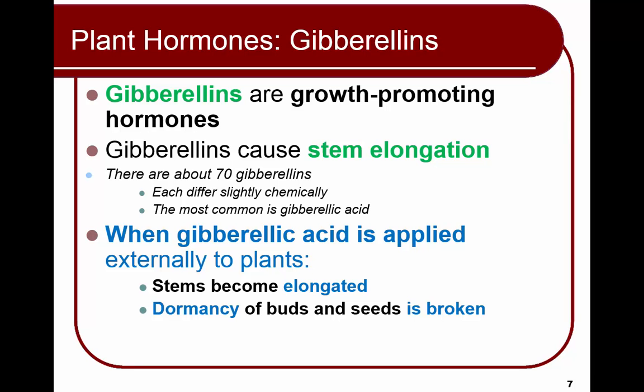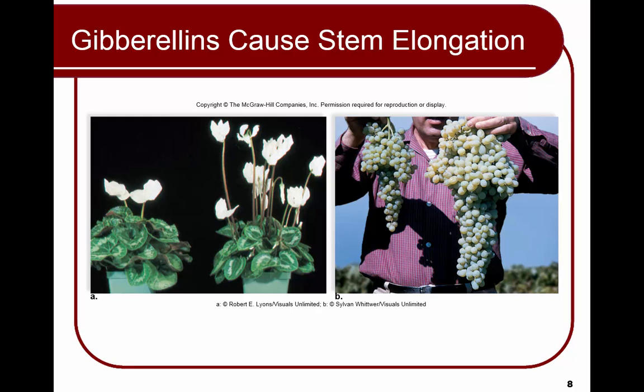So it'll hasten the development of the flowers that you plant in your flower bed. It's going to make those big, plump, larger seedless grapes, and then you can see the flowers there when they put it on that plant on the left, you see how it produces a lot more flowers, and they're bigger.